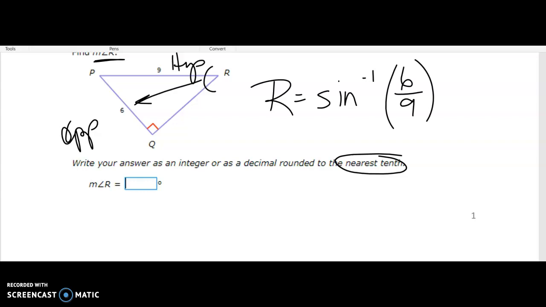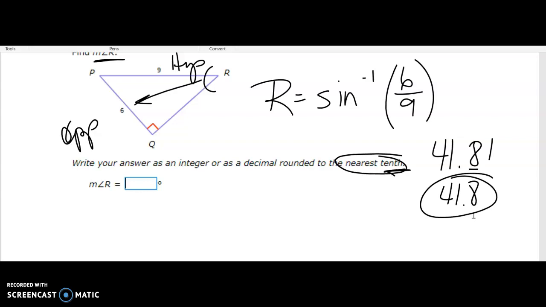If you want to reduce it to 2 over 3, you can. I don't have a clue what this is because we don't have triangles of 6 and 9. So inverse sine 6 over 9. Okay, it's 41.81, rounded to the nearest tenth, which means 1 decimal place. The 1 is not going to change the 8, so it's 41.8.